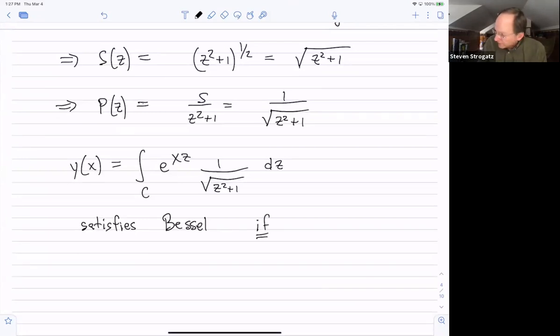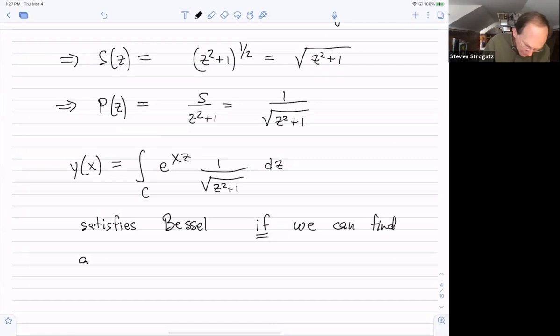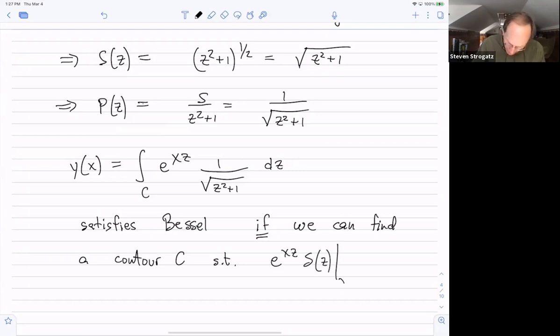If we can find a contour C, the condition was we wanted e to the xz times S of z on the boundary should give us 0 for all x.